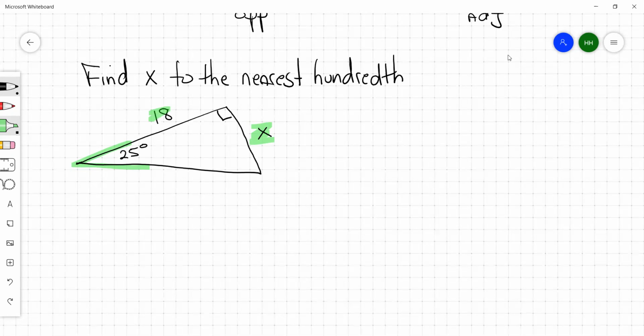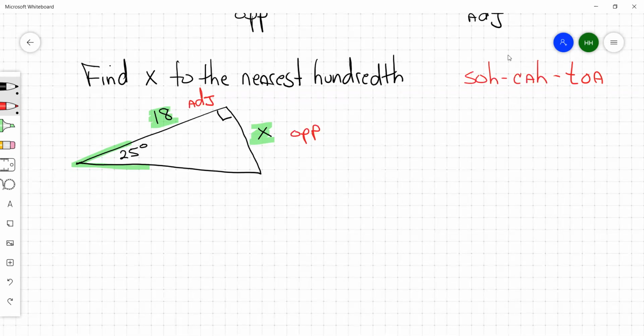And in this case, in relation to this angle, aren't you dealing with the opposite side and the adjacent side? We're not working with the hypotenuse here, are we? All right, we're working with opposite and adjacent.